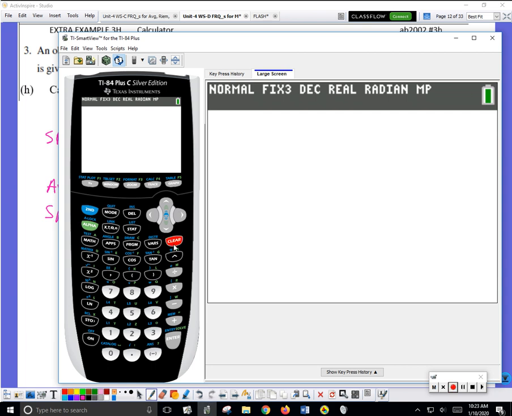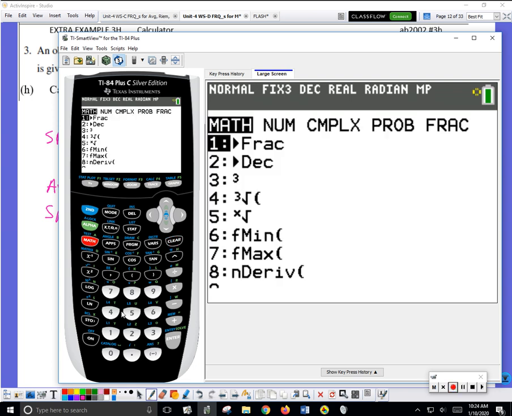There is more than one way to get absolute value on your calculator. My favorite is to take advantage of the fact that absolute value is spelled A-B, the first 2 letters of the alphabet. The catalog in the calculator is a list of all functions, and since AB is very high on the list, it's actually the first one. So what I do is I want the integral, so I say math 9.